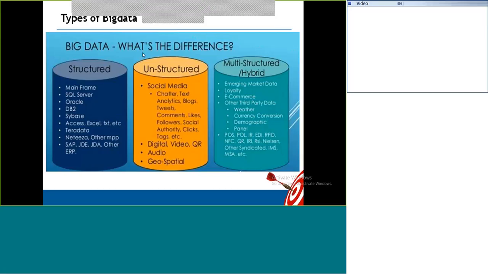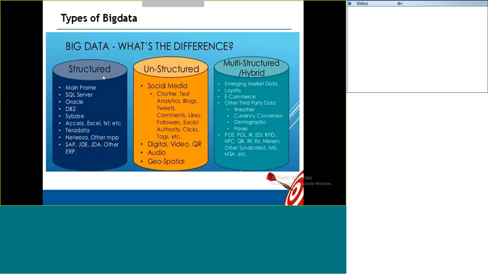Okay, so big data, what is the difference? Structured data. What data is called structured data? It is data which can be loaded into databases without any issues, or you read the databases' data and then generate some sequence files, like comma separated files or tab separated files.